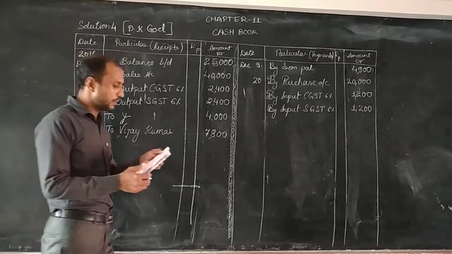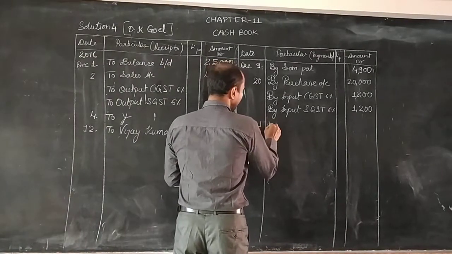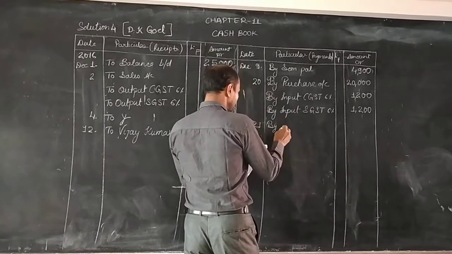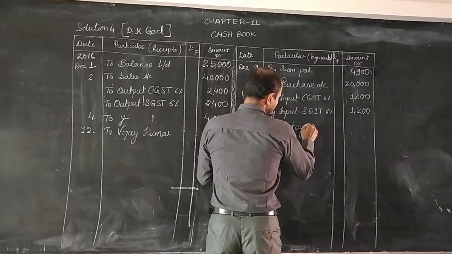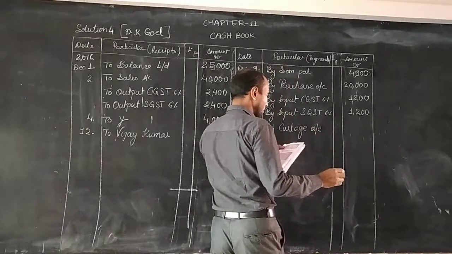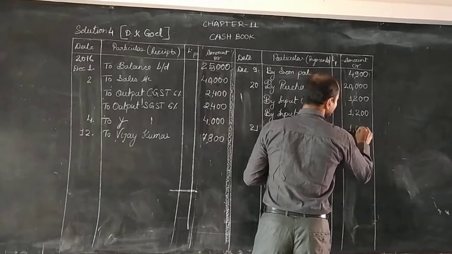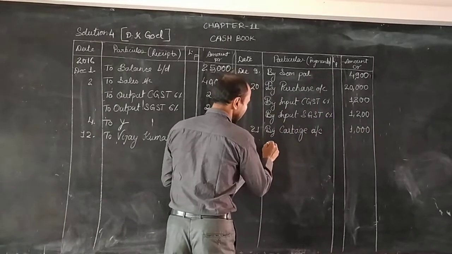Paid cartage. So here we have paid cartage, so you can write cartage account. How much amount is here? 1000. If we are paying cartage, it should be paid with CGST.